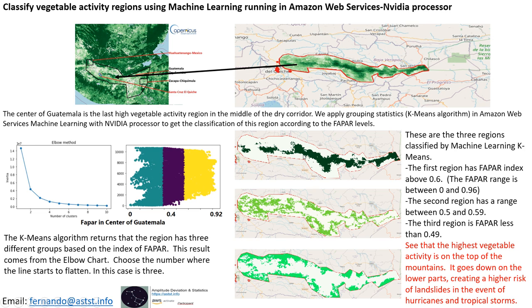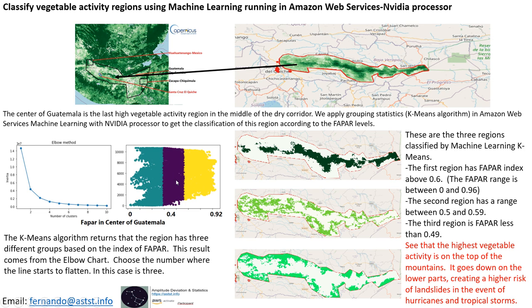The first group has the highest vegetation activity, between 0.6 and 0.96. It is mapped here, and this is the region that is most resilient to droughts. Then the second group goes from 0.5 to 0.59.